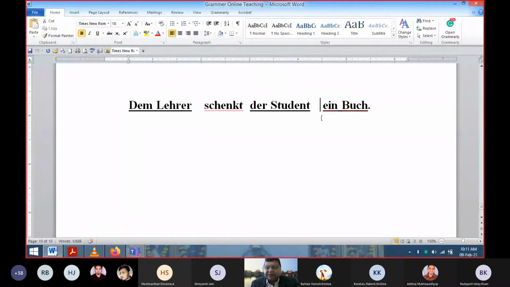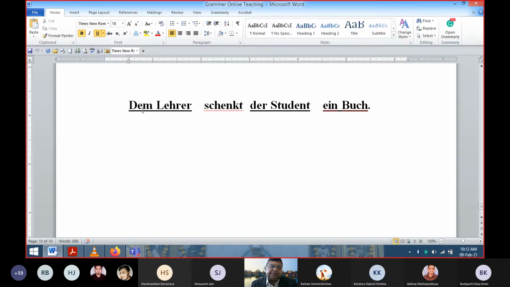As you see, these articles which are used before nouns are very important. These articles are telling you the exact meaning of the noun. Yesterday I was explaining that even if I put some word in the beginning, it will not be confused with the subject. Not necessarily must the sentence start with the subject only. You can start with any noun. It may be an object, direct object, or indirect object, but the meaning will not change.